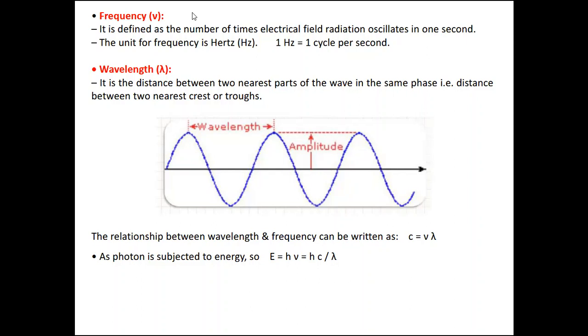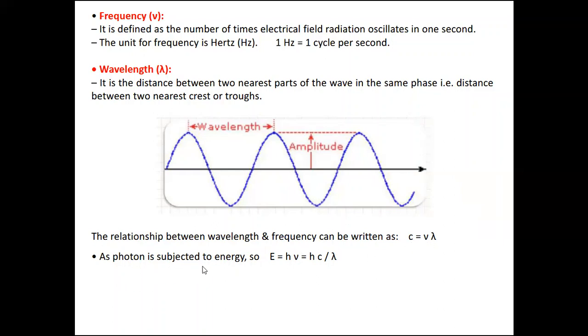Next is the wavelength, denoted by the letter lambda. It is the distance between two successive crests or two successive troughs. So here is the distance which is the wavelength. The relationship between wavelength and frequency can be written as c equals nu lambda.